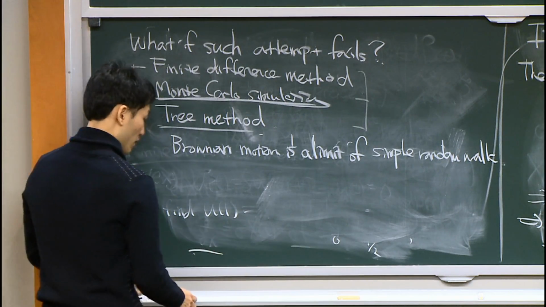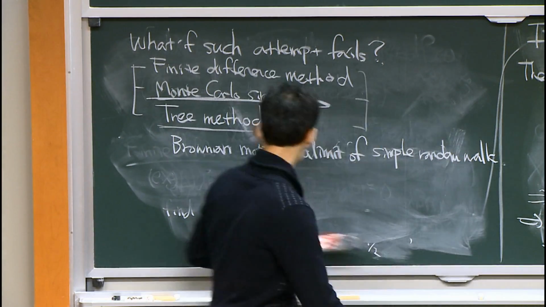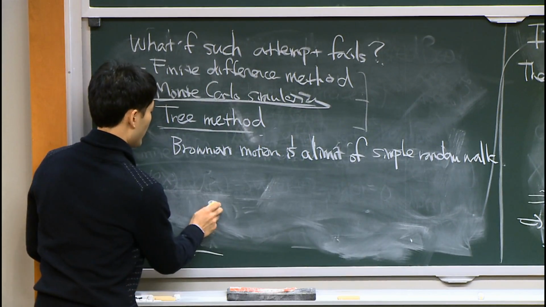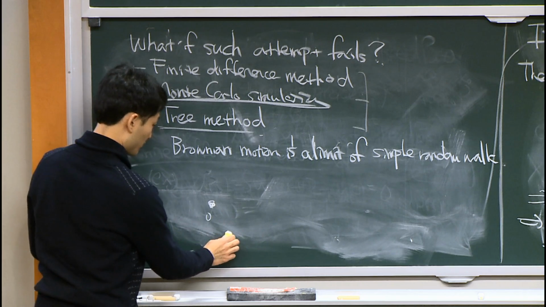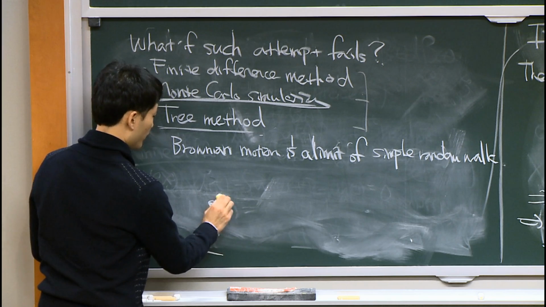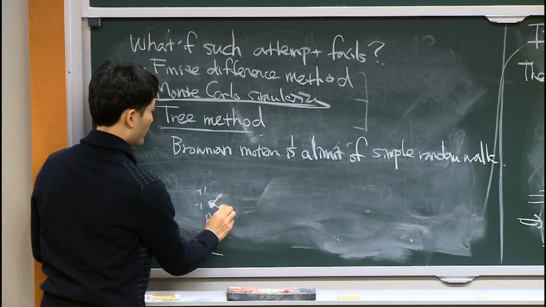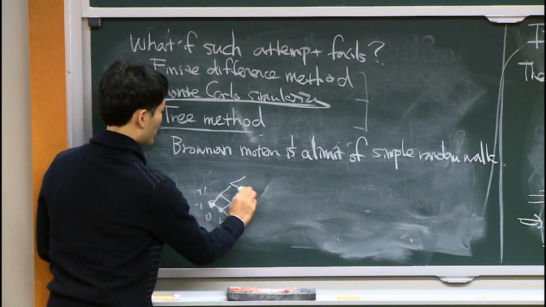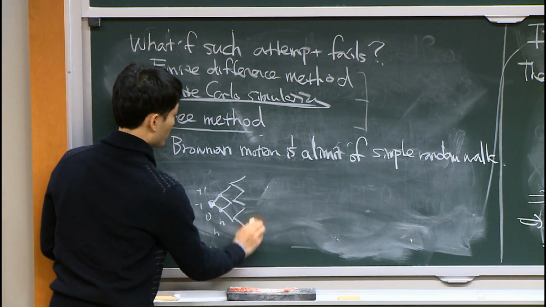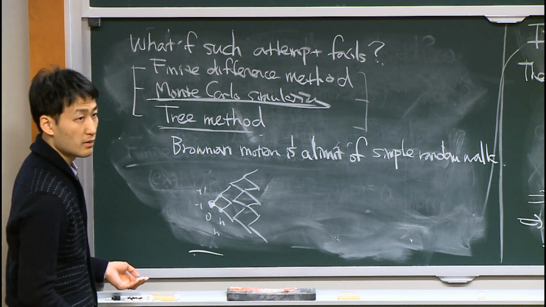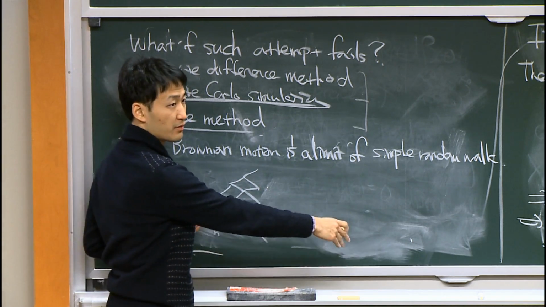How do you do that? At time 0, you have 0. At time tiny h, you'll have +1 or -1 with the same probability. And it goes up or down again, and so on. And you know exactly the probability distribution.